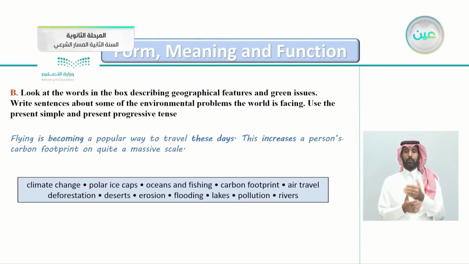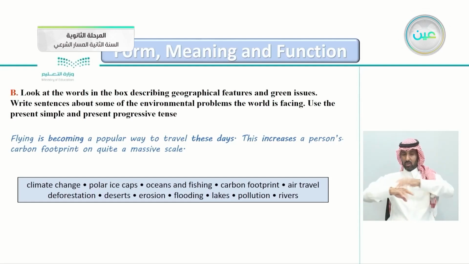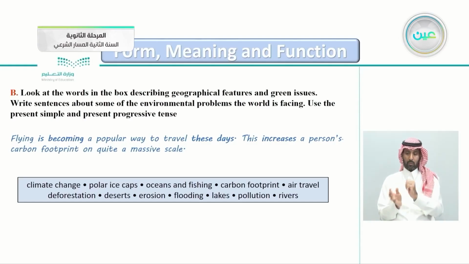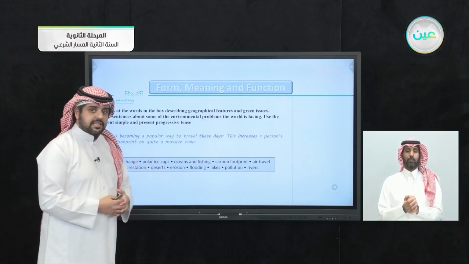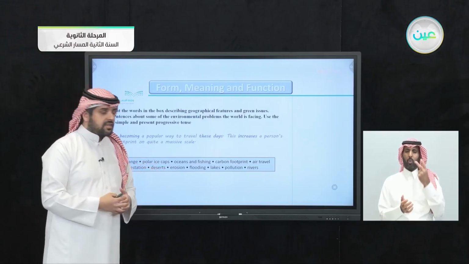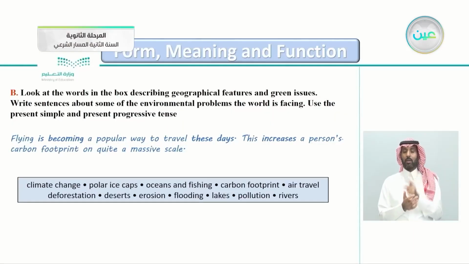So you can use here some of these words: climate change, polar ice caps, oceans and fishing, carbon footprint, air travel, deforestation, deserts, erosion, flooding, lakes, pollution, rivers, and so on. So you can use any of these words to write maybe one or two lines describing geographical features or green issues.